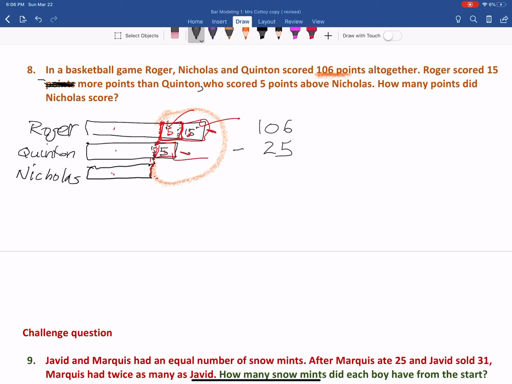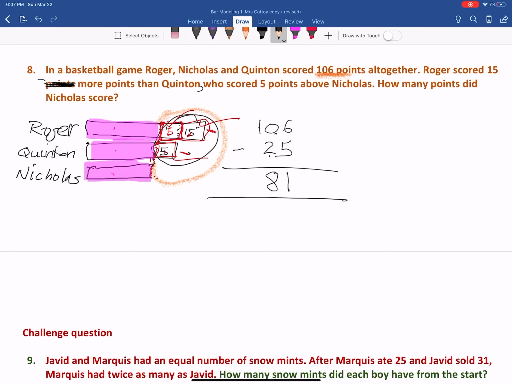We added these, 15 plus 5 plus 5. 106 take away 25. 6 take away 5 is 1. And 10 take away 2 is 8. So that's 81. What does that 81 represent? The 3 equal parts together. These 3 equal parts together is what the 81 represents.